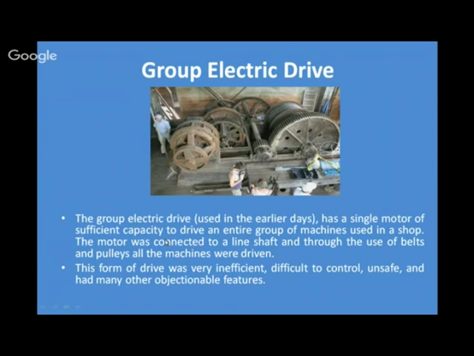Here we have a drive or motor of sufficient capacity which is connected with shafts, belts, pulleys, etc. to all the machinery that has to be driven. But here we have some drawbacks, like poor efficiency of the overall system, and if one or two mechanical systems fail, then the whole system won't be able to work properly. So therefore these are not much used nowadays.